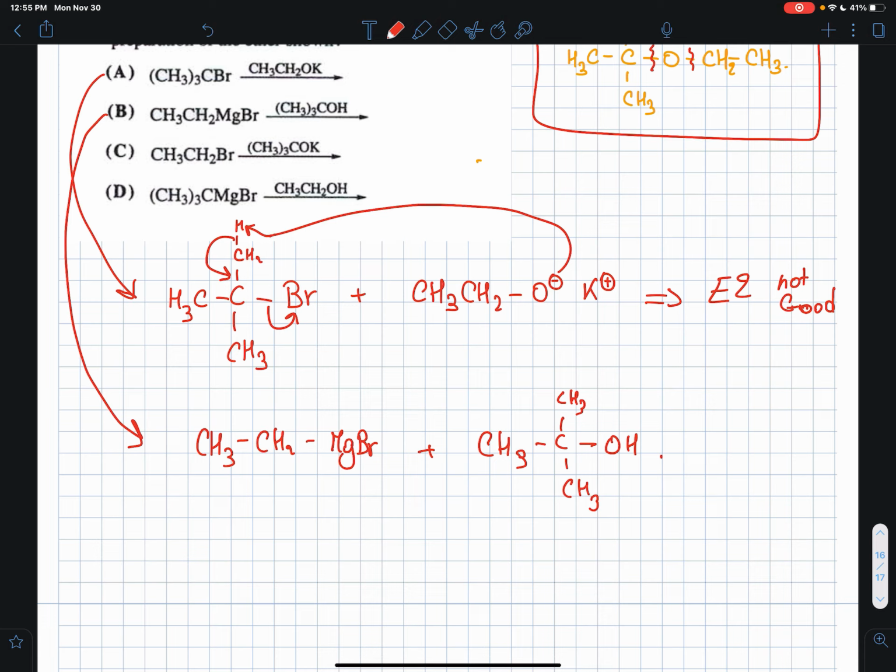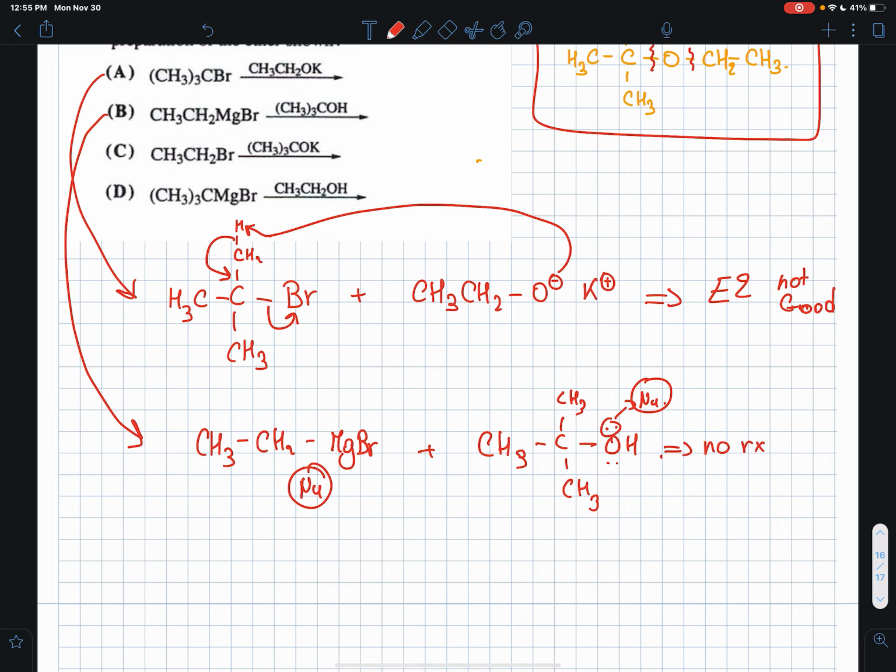In this case, nothing is going to happen. The reason is that this is a nucleophile right here, and this OH is also a nucleophile. OH is not that good of a nucleophile, it's partially negative. So they're both nucleophiles, and we don't have anything partially positively charged to attack. So there is no reaction that's going to occur here.